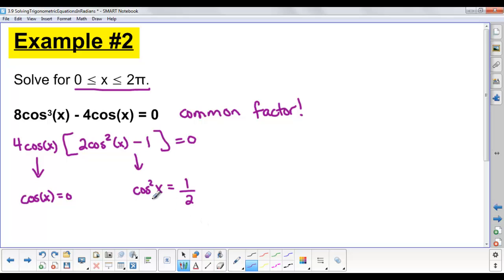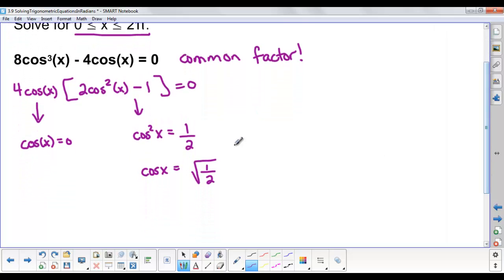But you want to isolate cos, so take the square root of both sides. Two things when you're taking the square root. Remember that you should always write a plus minus because both answers are valid.